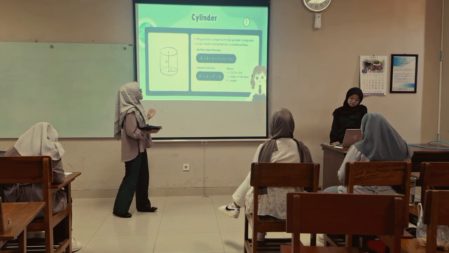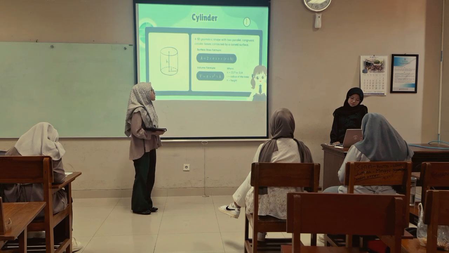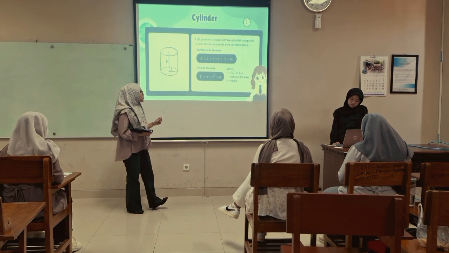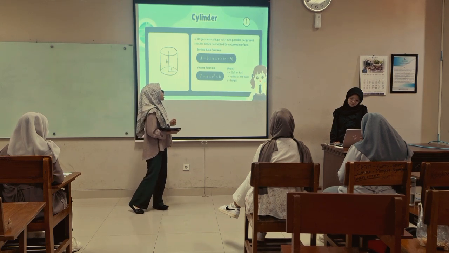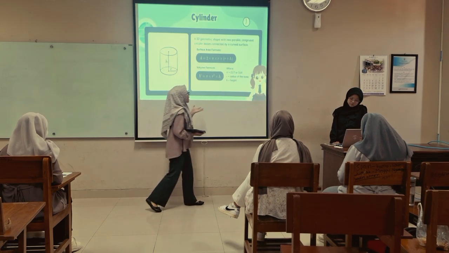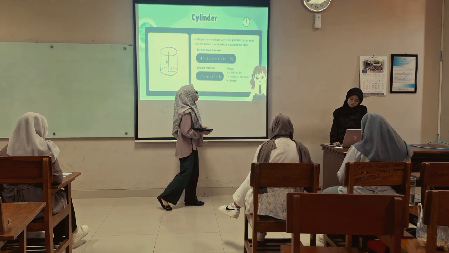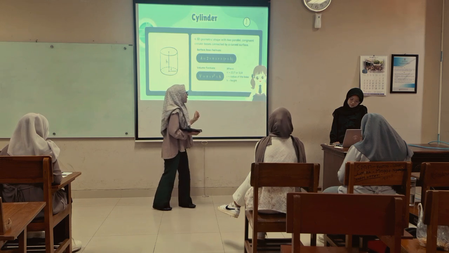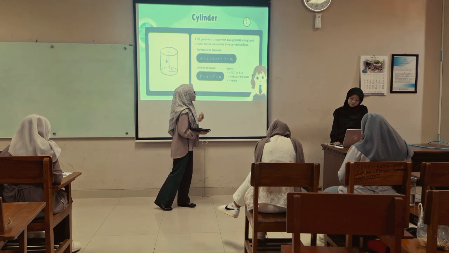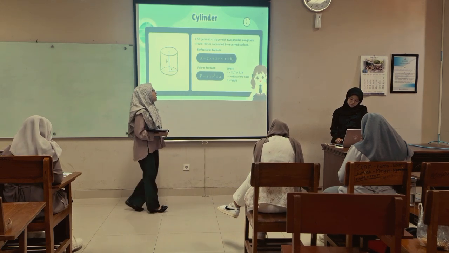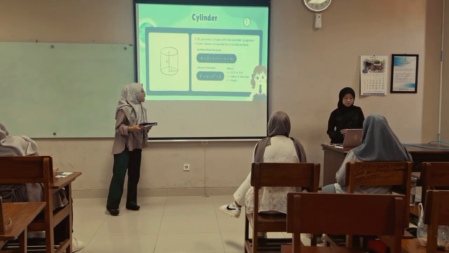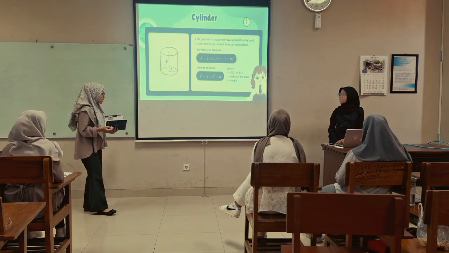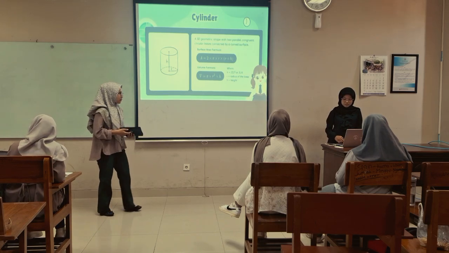The formulas are: surface area equals 2 times pi times r times (r plus h), and volume equals pi times r squared times h, where pi is 22/7 or 3.14, r is the radius of the base, and h is the height. If there are any questions? No. Okay. Next, Miss Rasha will explain the example.